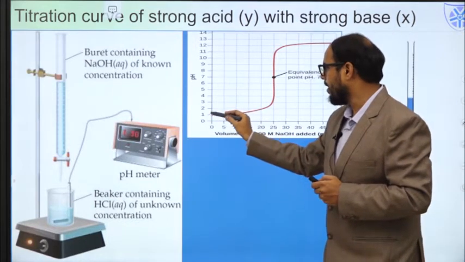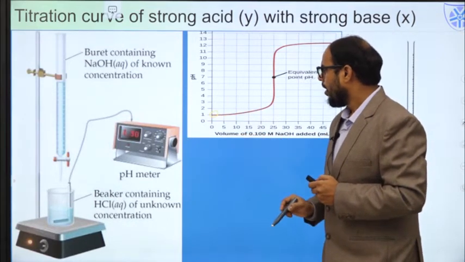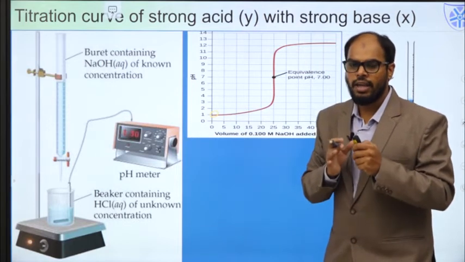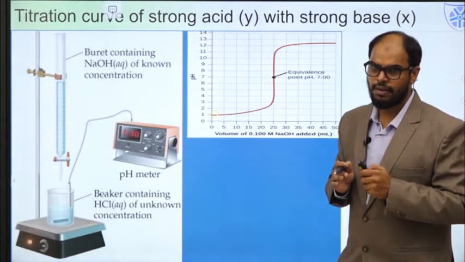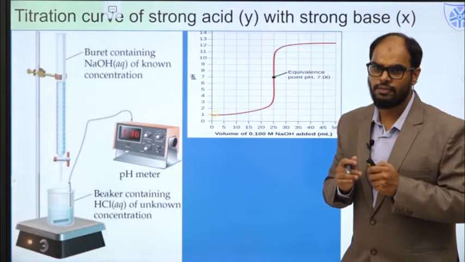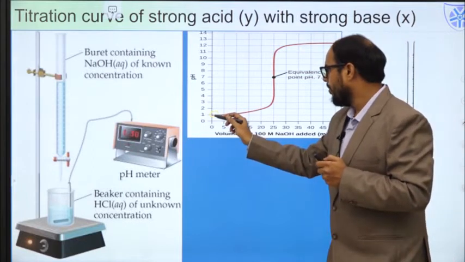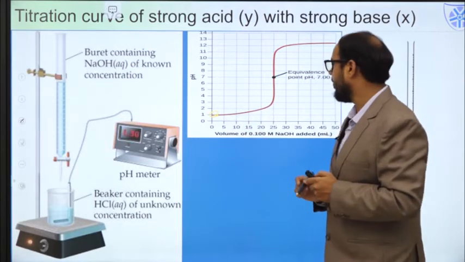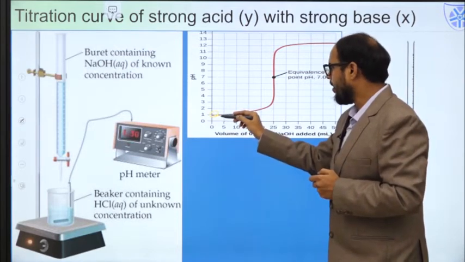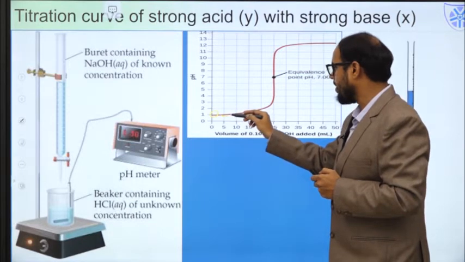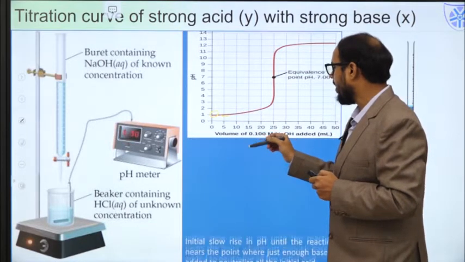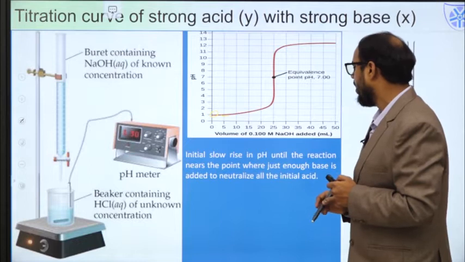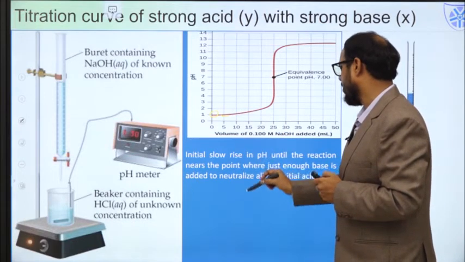So we can see very clearly that the concentration of H plus ions was high at the beginning of the experiment, before the addition of sodium hydroxide from the burette. At that time the pH was almost 1 to 1.5. As we keep on adding the OH minus ions, there is an acid base neutralization reaction, and this will increase the pH.